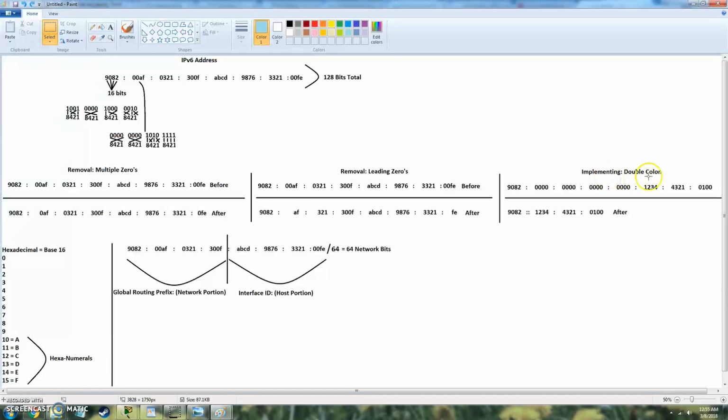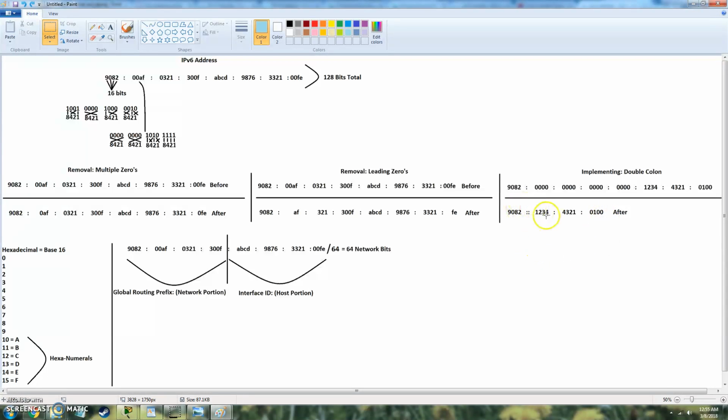And also, implementing the double colon. Right here you can see that I changed this IP address, and the first 4 octets, a string of zeros, can be easily removed, and the new IP address can come out as 9082 double colon 1234 all the way to 0100.